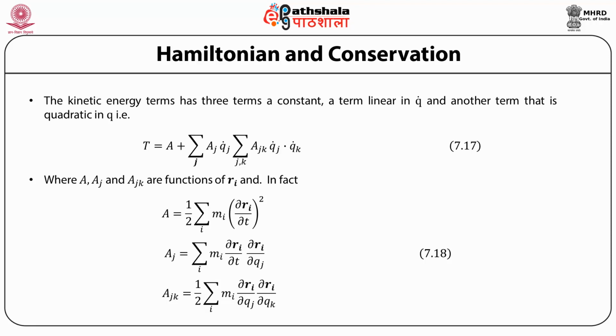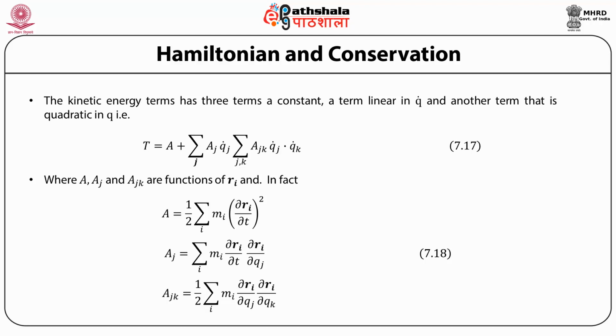And this is a very important result, and most of the systems we will be interested in are holonomic, and in most cases we don't have explicit time dependence. In that situation, the kinetic energy is simply a quadratic function of generalized velocities. And in fact, as you know, kinetic energy is a quadratic function of the velocity for Cartesian coordinates anyway.